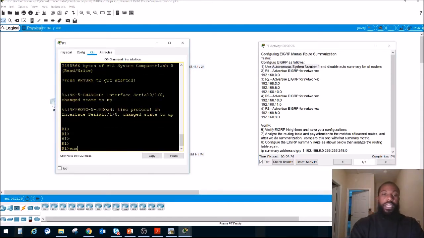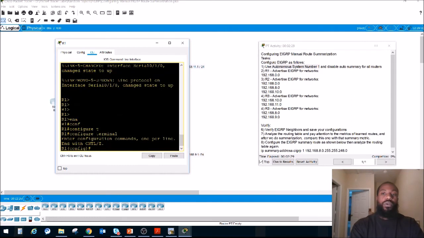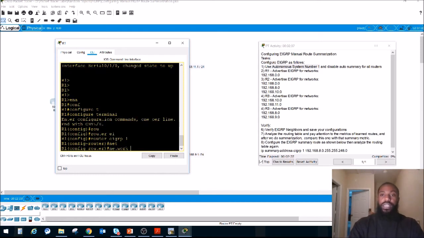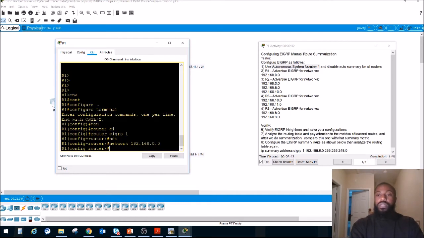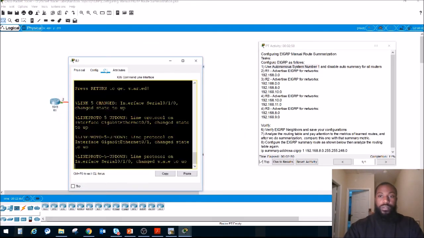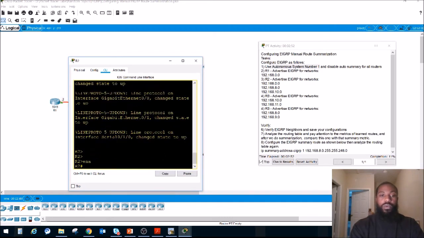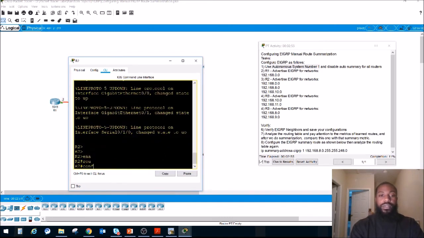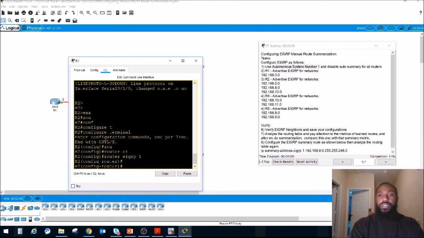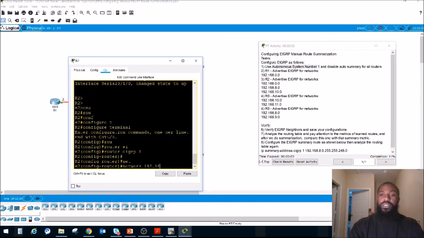All right, so enable, configure terminal, router EIGRP 1, and we need to advertise the network 192.168.0.0. On router 1 and router 2, we need to advertise that same network. Enable, configure terminal, router EIGRP 1, network 192.168.0.0.